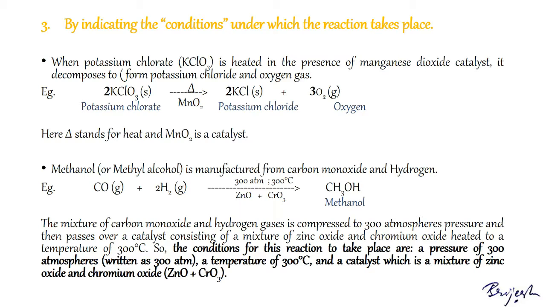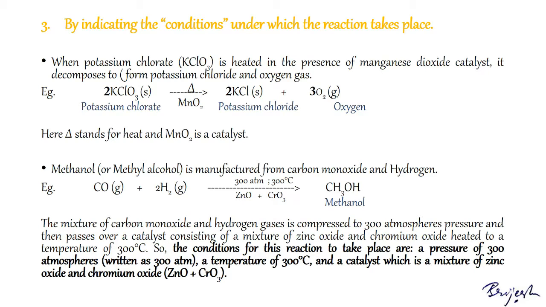So the conditions for this reaction to take place are 300 atmosphere pressure, temperature that is 300 degrees centigrade, and a catalyst which is a mixture of zinc oxide and chromium oxide.